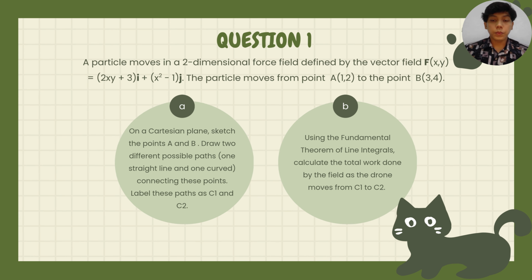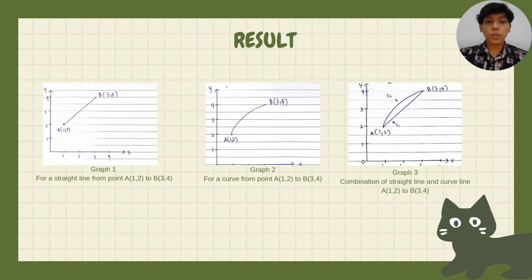As for question 1A, on a Cartesian plane, it states to sketch points A and B for two possible paths. As you can see in graph 1, we sketch a straight line from point A(1,2) to B(3,4) as C1.